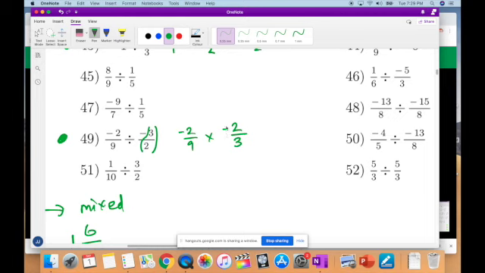So it doesn't really matter if I put the negative in front of the 2 or leave it in front of the 3. What matters is that those 2 negatives will cancel out anyway.